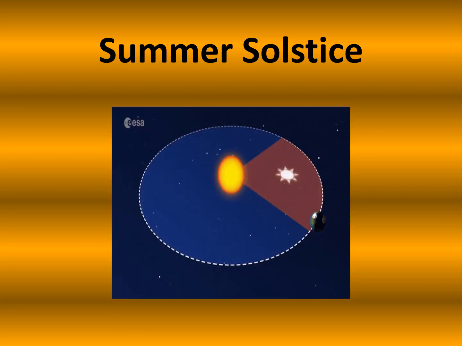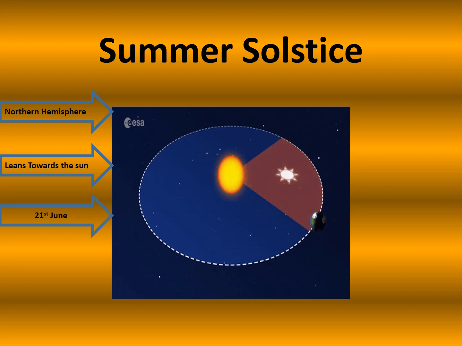Summer solstice. In the northern hemisphere, when the northern hemisphere leans toward the sun, it will experience the summer season or summer solstice. 21st June is the longest day in the northern hemisphere, and the sun is at a 90 degree angle on the northern hemisphere, which is leaning more toward the sun.